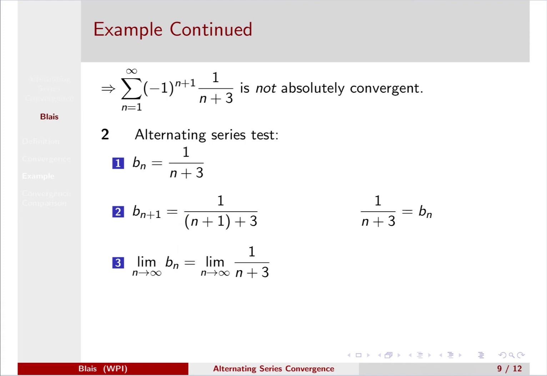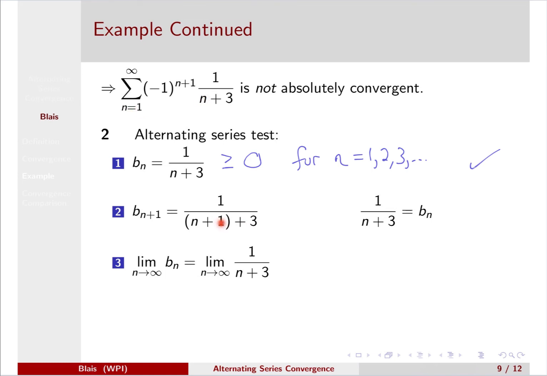So the first condition is that the terms are non-negative, and we see this is true for all of our n. So check on condition 1. Condition 2 says the terms are monotone decreasing. So how does the n plus first term compare to the nth term? Well, for our n plus first term, just take n and replace it with n plus 1.